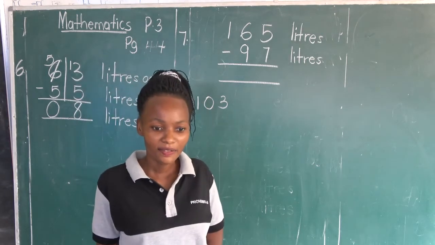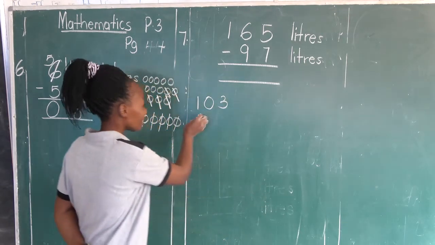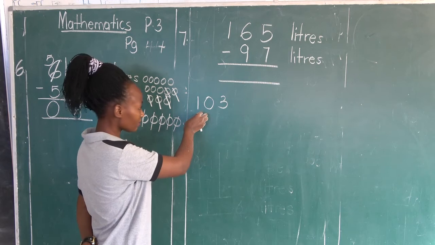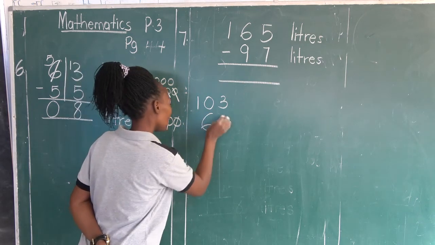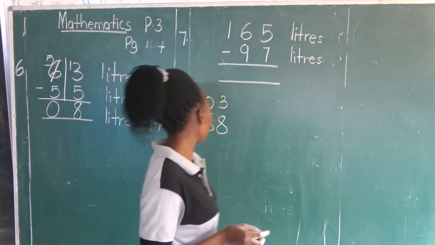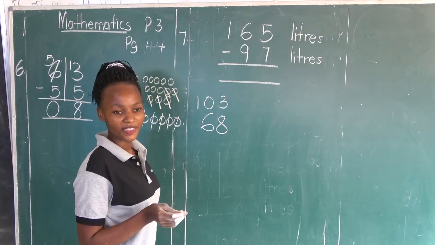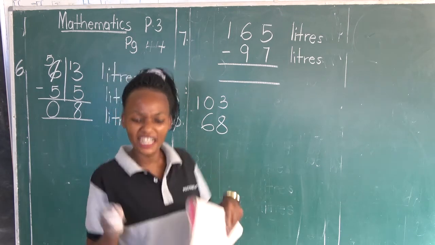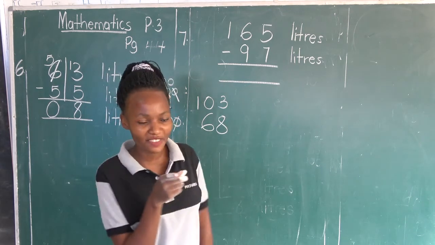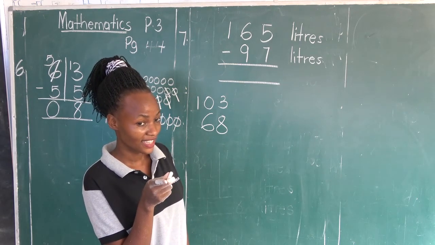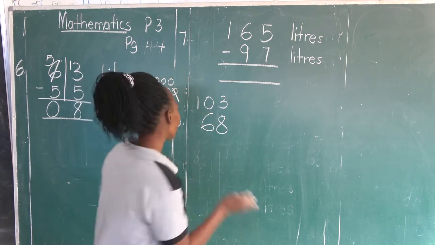Another person. Paradise, what have you got? 68. Anna, what have you got? Anna, I know people are going to correct themselves. Anna, what have you got? 58. 58.